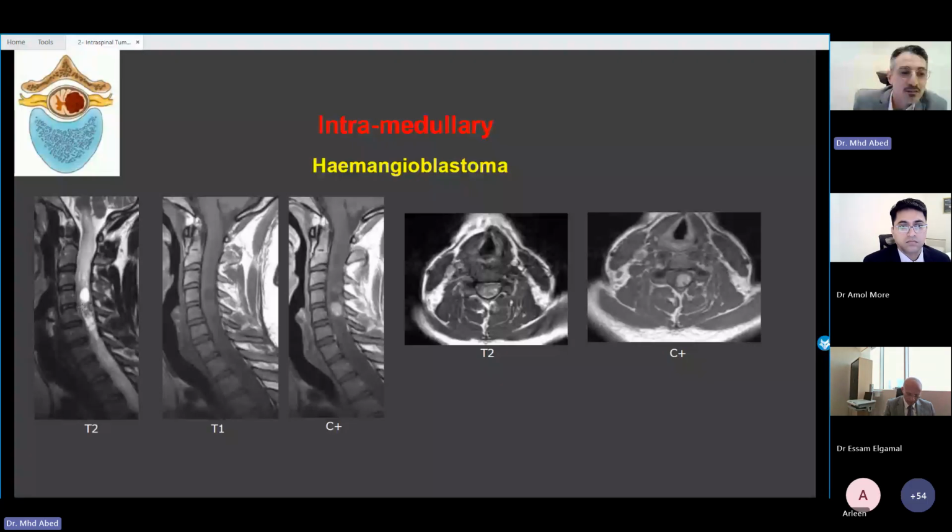Why is this lesion not ependymoma? Well, it's not ependymoma because this could also be the cap sign, the hemosiderin we saw in the ependymoma. But if you look after contrast, this lesion of T2 hypointensity shows enhancement. That means this is not blood, this is flow voids.